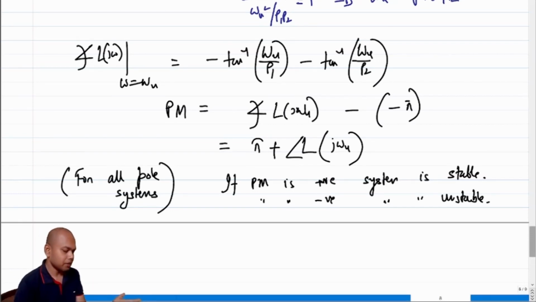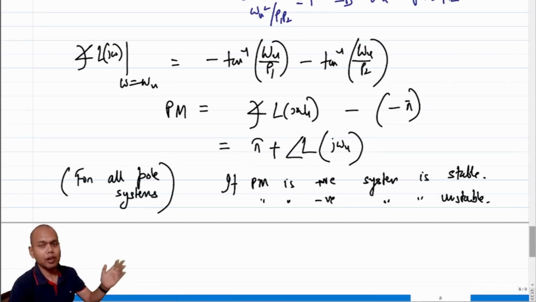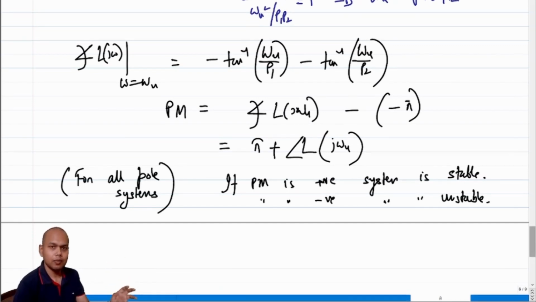Then we related this condition using a Nyquist stability criteria, and we said that we need to avoid encircling the -10 point in the phasor plot of L of S or L of j omega, and then we moved to Bode plot, because Bode plot is much easier to plot using pen and paper than a Nyquist plot.